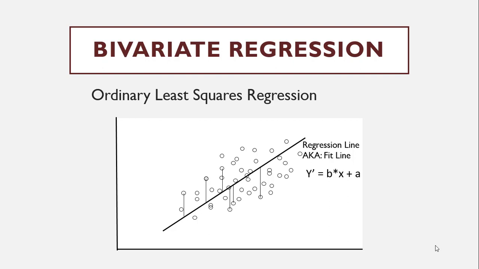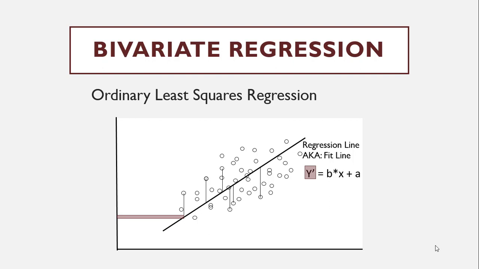So you'll notice that this has y prime. Sometimes you'll see it as y with a little hat over it, like the upper part of a triangle. Both of those are used to say that it's the predicted value. What value on y do we expect given x? So we know what x is for this data point, and then we have this predicted value on y, but that is different from the actual value on y.